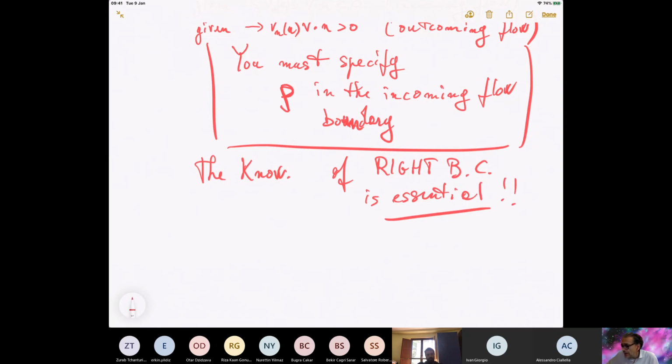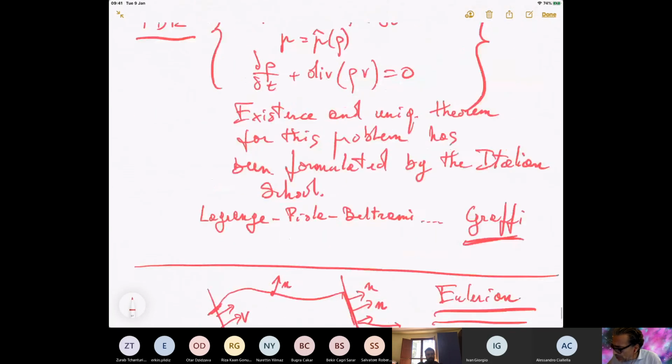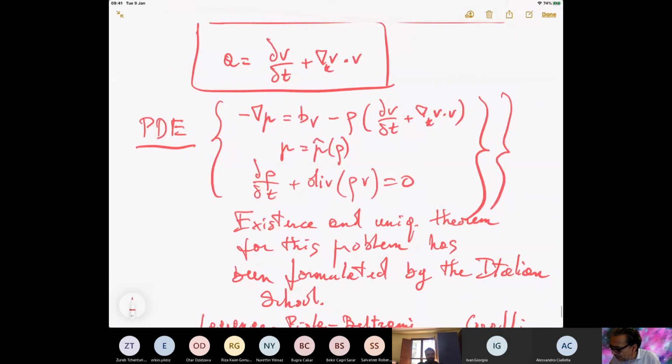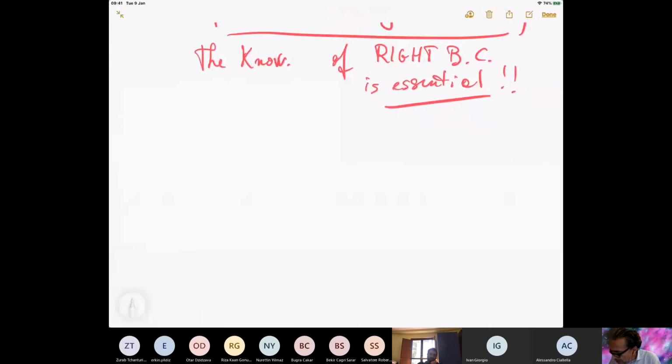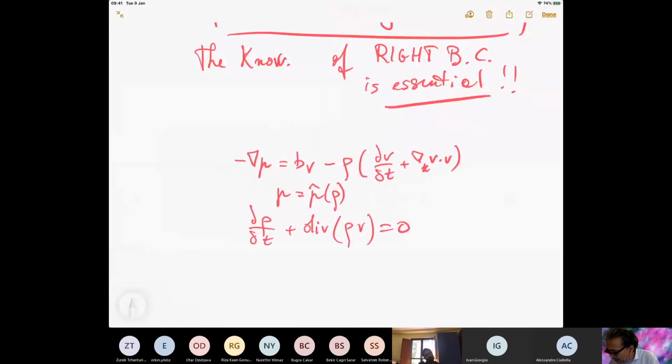Okay. Maybe we can do what I promised at the beginning of the previous lecture, that is considering the case of incompressible fluids as a particular case of these equations. By the way, the mathematical treatment of this limit is due to Lagrange and requires the concept of Lagrange multipliers.